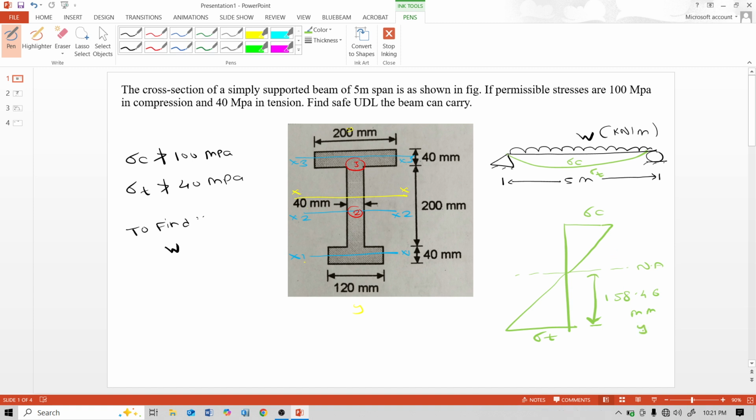This is YT. We have to calculate this YC. So for the YC calculation, consider the full depth of this I cross section. Full depth is this 40 plus this 200 plus this 40, it means 280 mm, minus this YT. This YT, 280 minus 158.46.